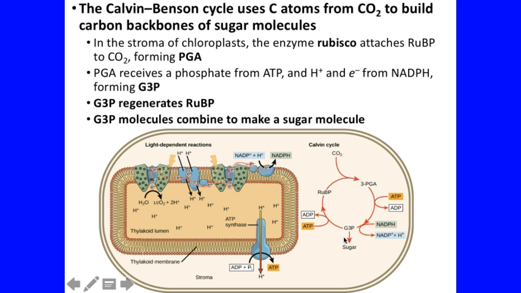Another thing you want to notate is that G3P, this molecule down here, regenerates the rubisco, which is being created right here. Rubisco is also one of the items that has to come in when CO2 comes in to allow this cycle to go through over and over and over again.